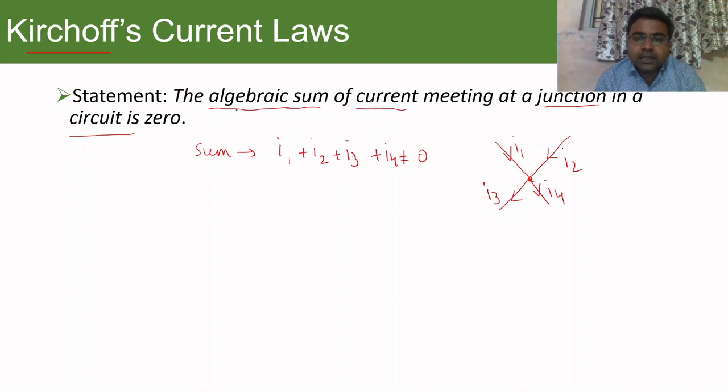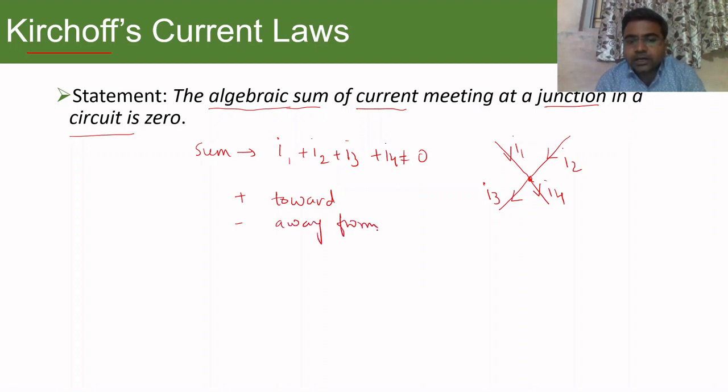But when I say algebraic sum, I have to be very particular with the direction of current. If I am assigning plus toward the junction, then minus should be away from the junction.